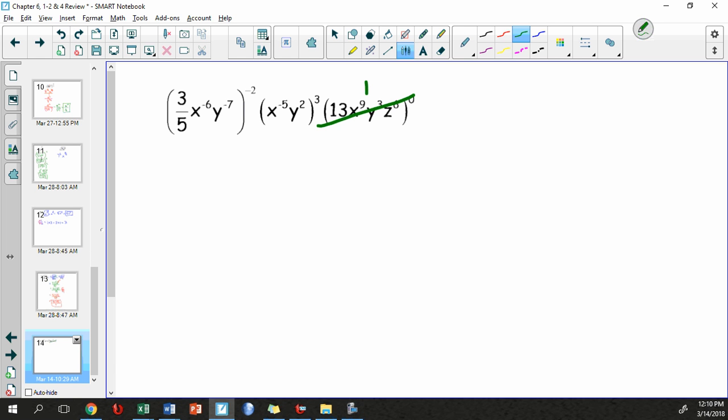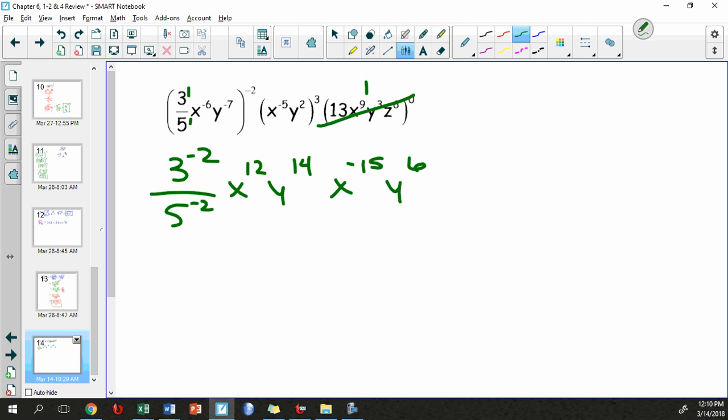You don't understand that. Put on missing exponents. 5 to the negative, 3 to the negative 2 over 5 to the negative 2. X to the 12th, y to the 14th. X to the negative 15, y to the 6th. Extend that. Yes?